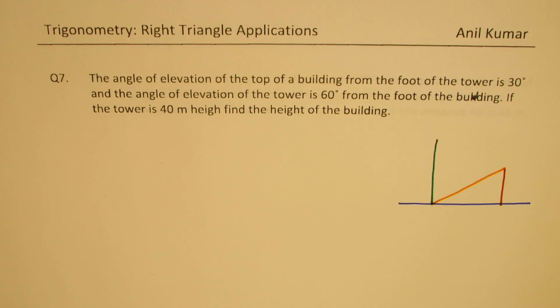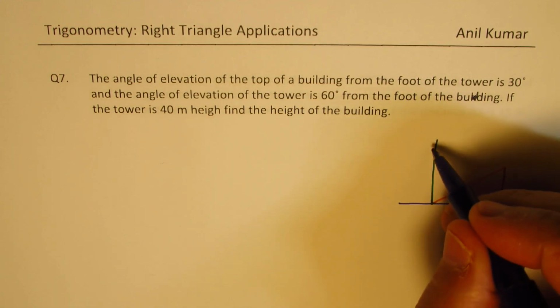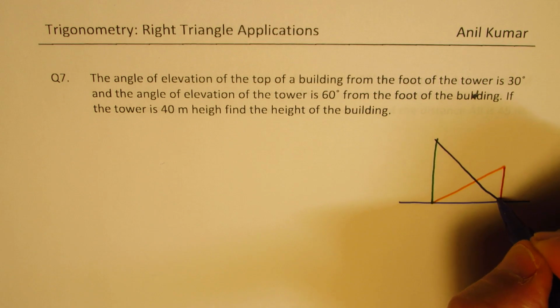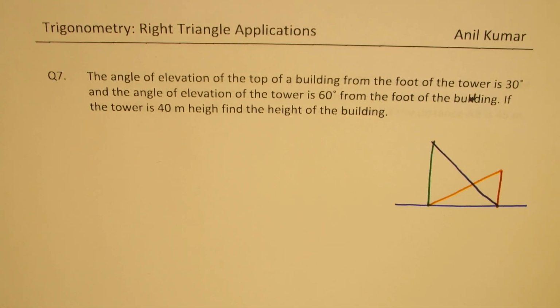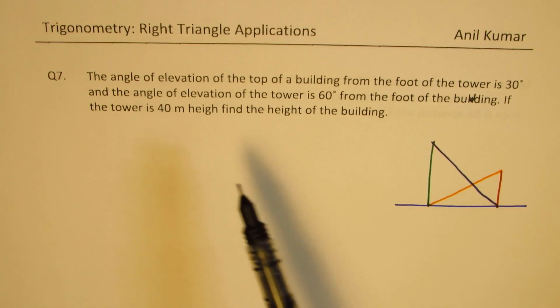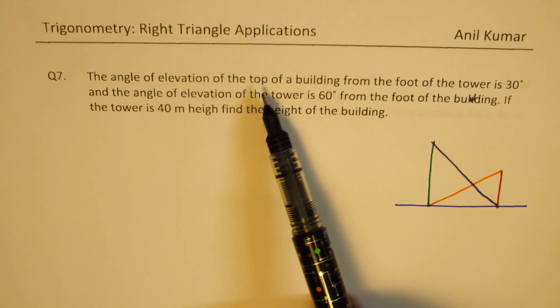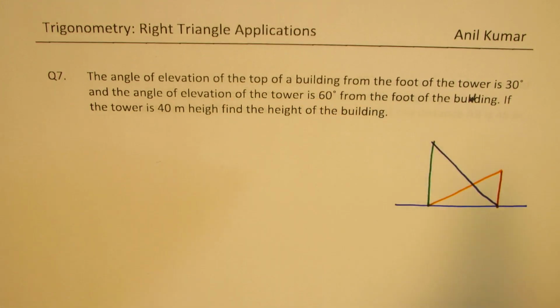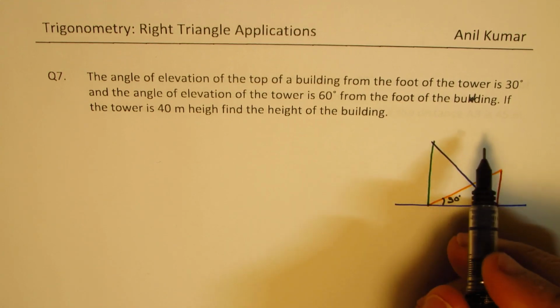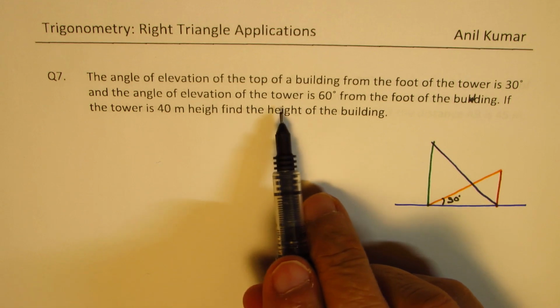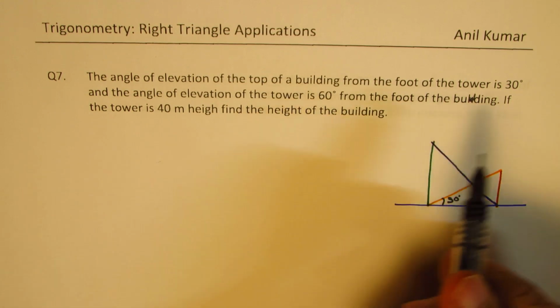So let me use different colors. It says the angle of elevation of top of the building from foot of the tower is 30 degrees. And the angle of elevation of the tower is 60 degrees.